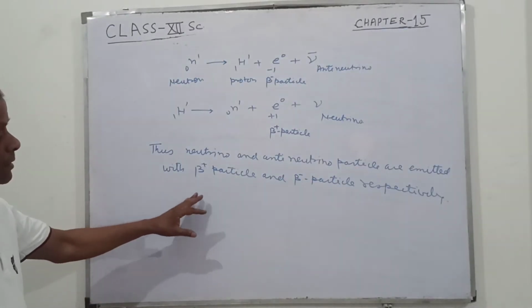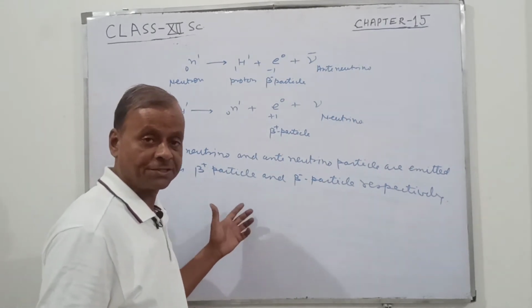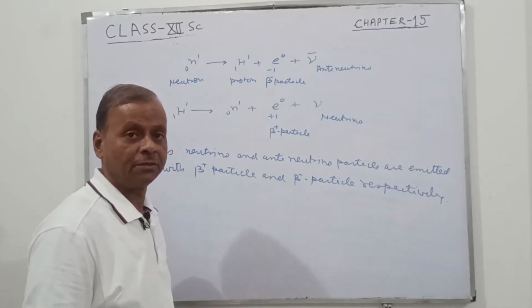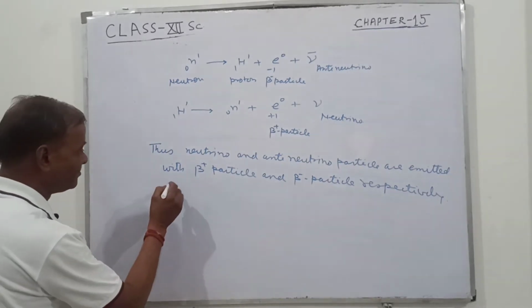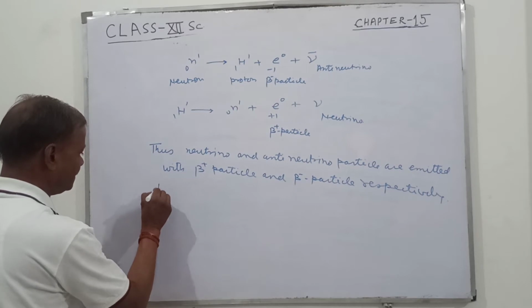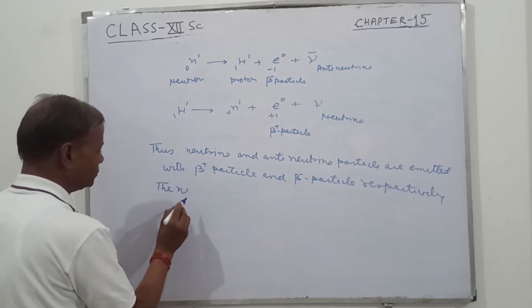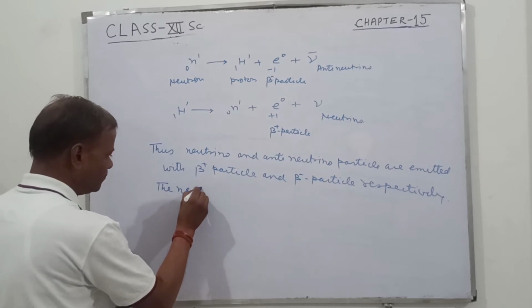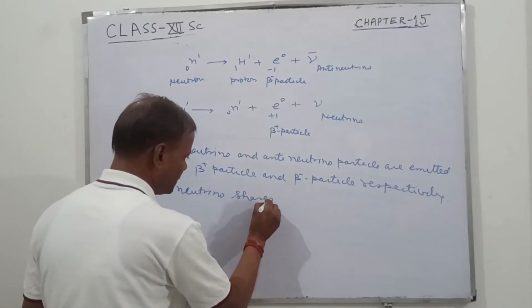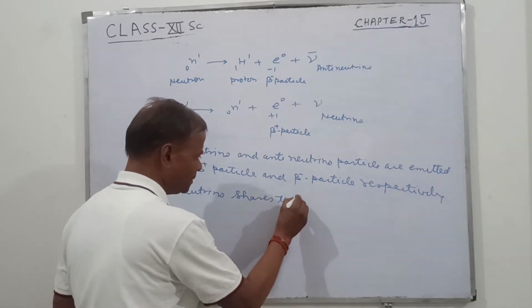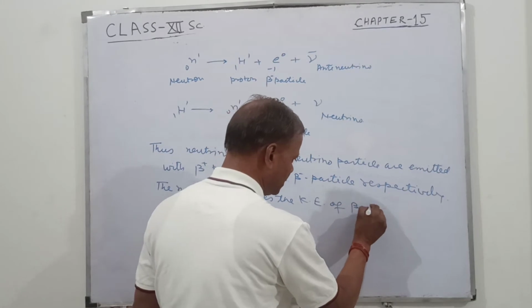And this particle shares the kinetic energy of the beta particle. The neutrino shares the kinetic energy of beta particle.